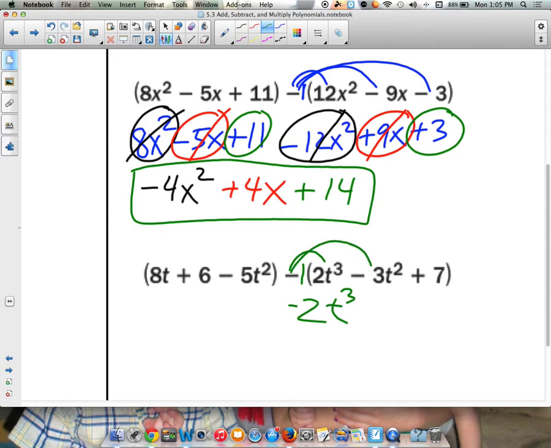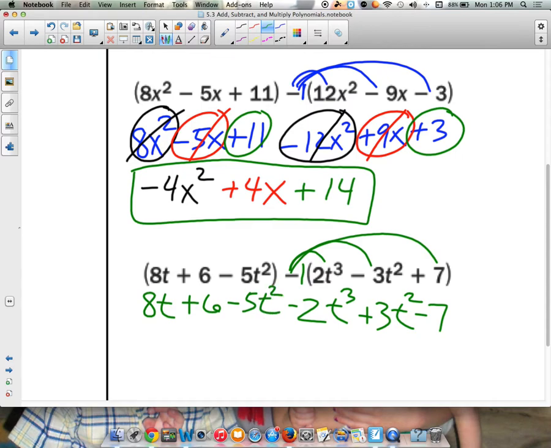Negative 1 times a negative 3t squared is positive 3t squared. And then negative 1 times 7 is negative 7. And then the first polynomial, I'll just drop it down. 8t plus 6 minus 5t squared.